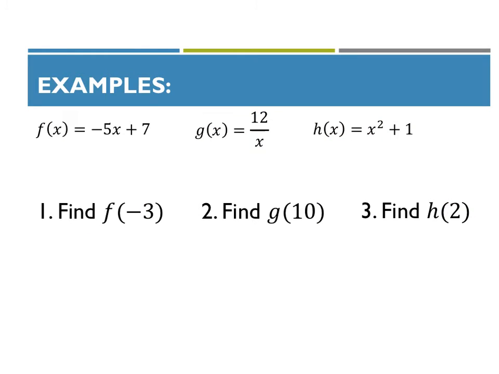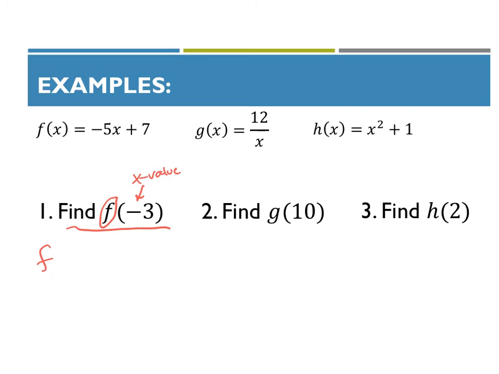So let's take a look at these three examples. Here we're given three different functions. We got f of x equals negative 5x plus 7, g of x is 12 divided by x, and h of x is x squared plus 1. So in example 1, it says find f of negative 3. Well, notice here we're pertaining to the function f of x because it's f on the outside. And so if I wanted to find f of negative 3, remember, you're trying to see what the y value is when the x value is negative 3.